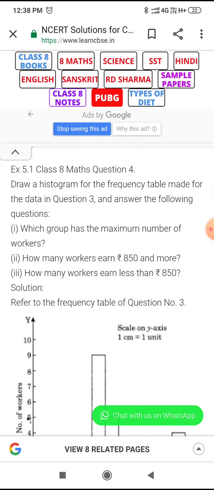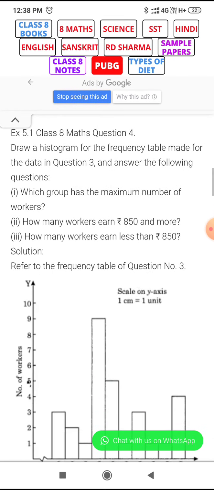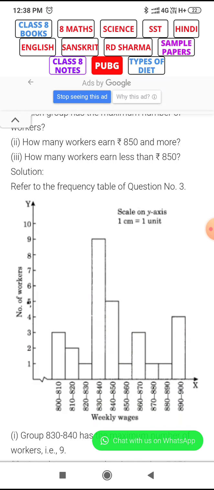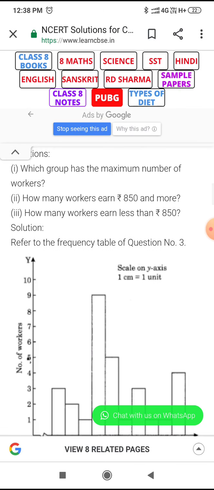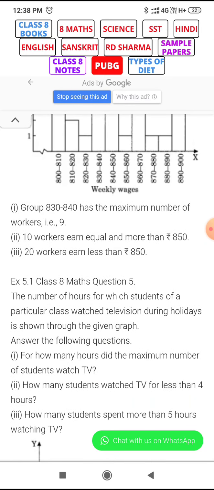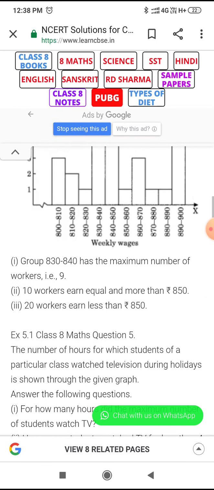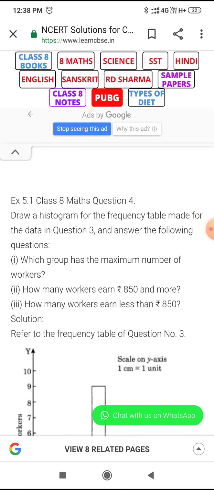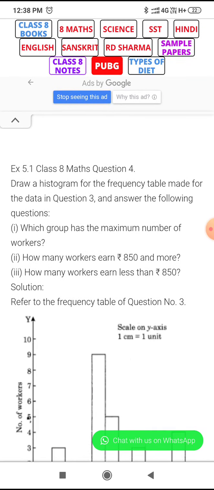In the first part, we have to answer which group has the maximum number of workers. You can clearly see from the histogram that in the class interval 830 to 840 there is the maximum number of workers, and they are 9 in number. In the second question, we have to answer how many workers earn 850 and more.